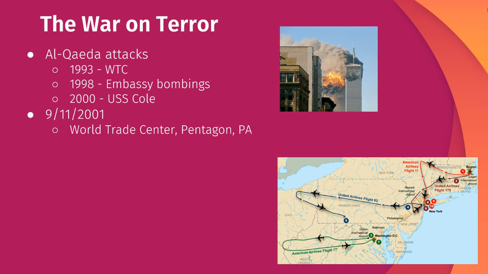The aircraft that took off from Newark crashed in Western Pennsylvania, and the aircraft that took off from Washington, D.C. crashed into the side of the Pentagon building.